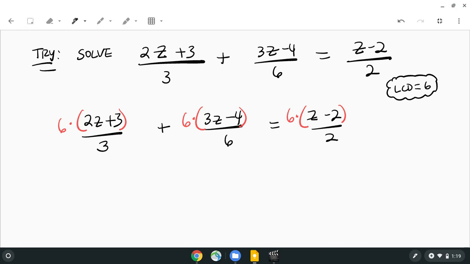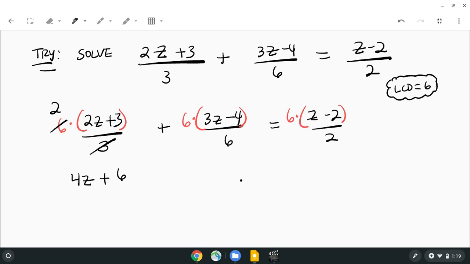Okay, so here 3 cancels out with 6, and I'm left with 2. So that's what I'm going to use the distributive property with. 2 times 2z is 4z plus 6. Okay, all I did was distribute the 2 in here.